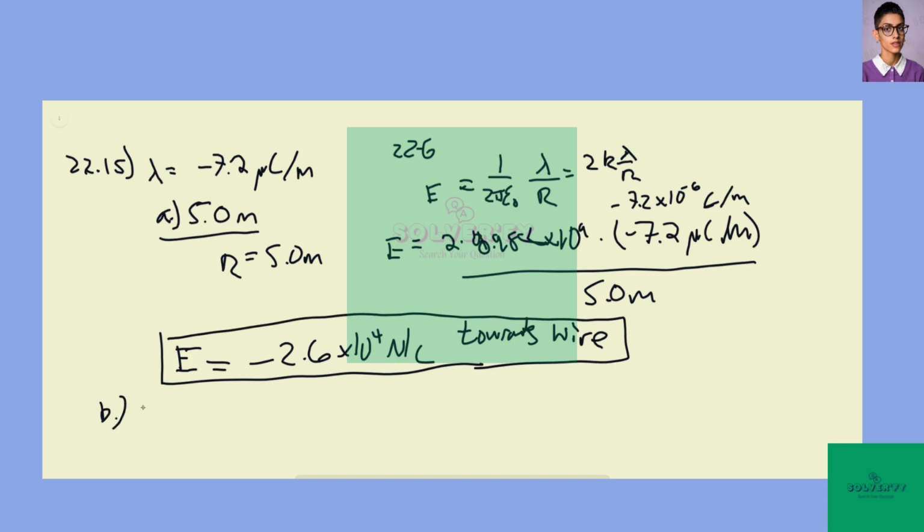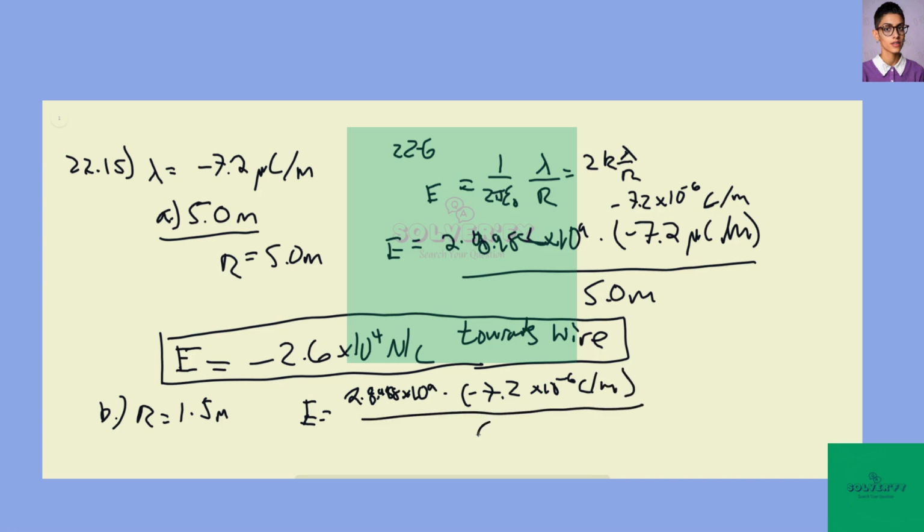For part B now, we want to use an R equaling 1.5 meters away. So now our equation becomes 2 times 8.988 times 10 to the 9, because that's what k is, times our linear charge density, negative 7.2 times 10 to the negative 6 coulombs per meter, all over 1.5 meters.